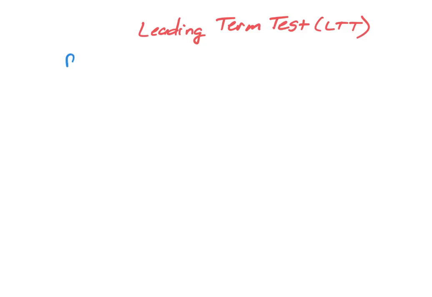So I'm going to give you a polynomial. All that the leading term test does is it tells me what direction this graph is going to open at the beginning and at the end of the graph.